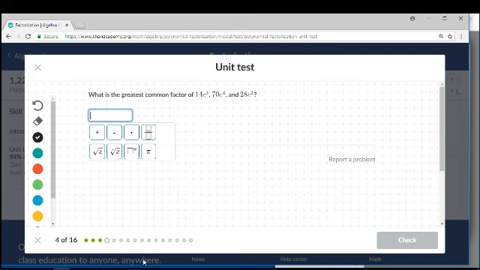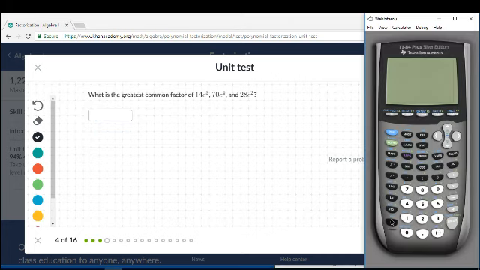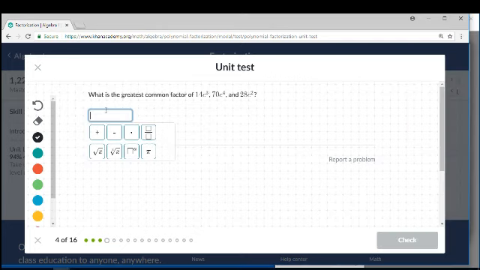Is 70 divisible by 14? Five, yes it is. Okay. So we'll have 14c squared.